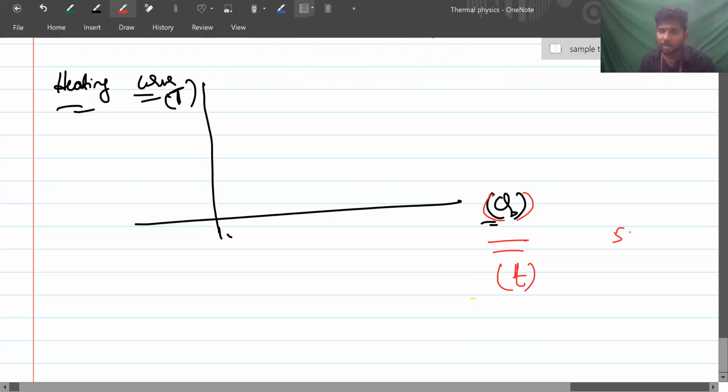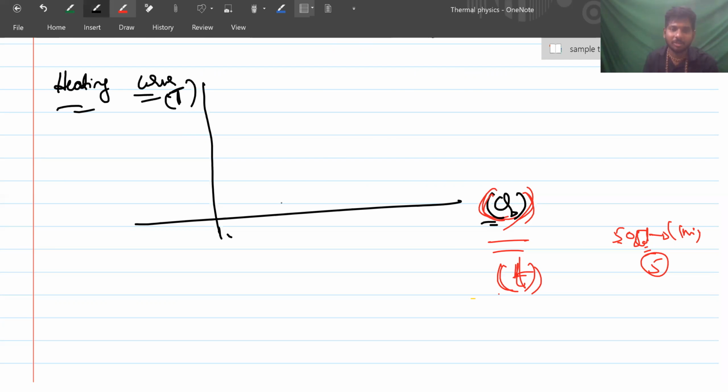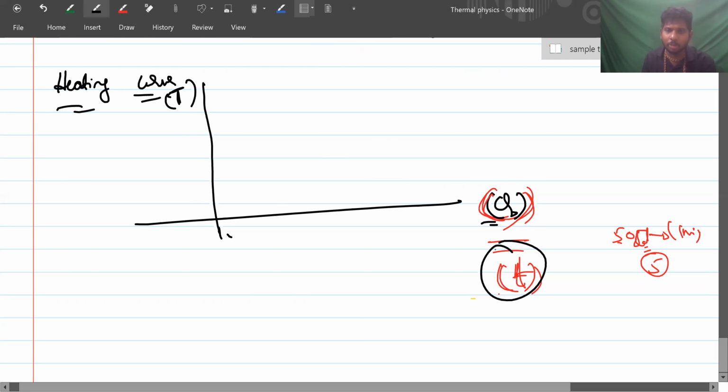Suppose I'm giving 50 calories per minute, then in 5 minutes, 250 calories will be given, right? Yes, sir. Instead of Q, the graph can also be written with T and there will not be any variation. That means the shape will not change, because with time, Q is also increasing, right? Yes, sir. So the graph will remain even if time is given. You don't need to get confused.